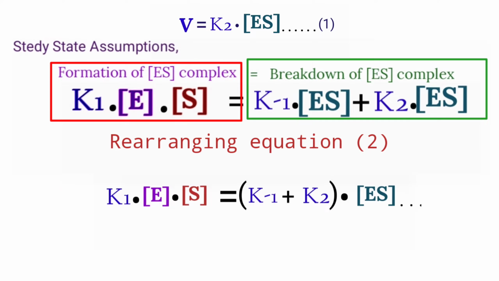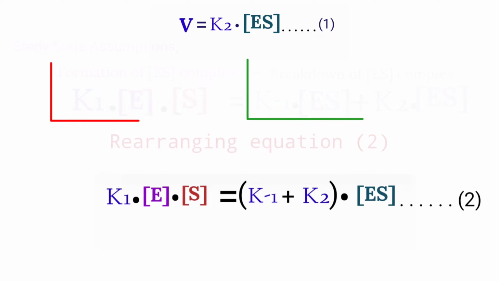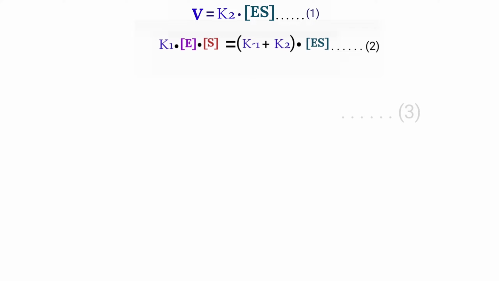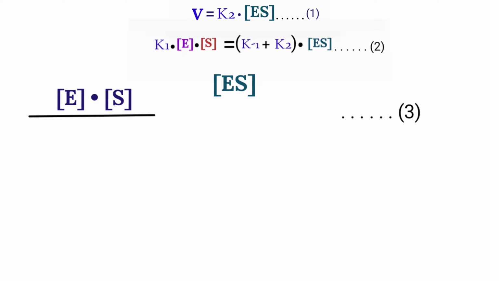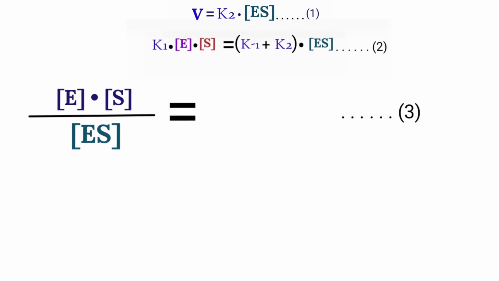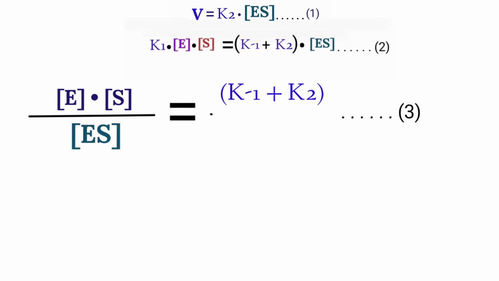After rearranging equation number 2, we get equation 3: on the left hand side we have enzyme concentration into substrate concentration divided by the enzyme substrate complex concentration, which is equal to K-1 plus K2 divided by K1.